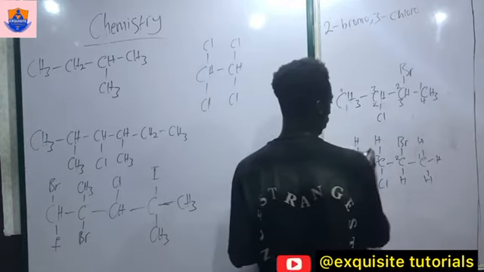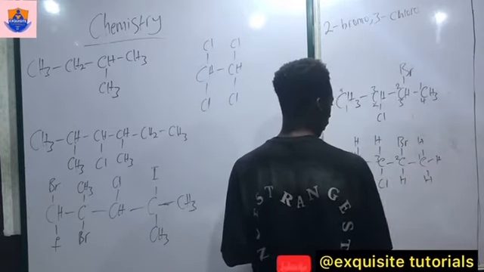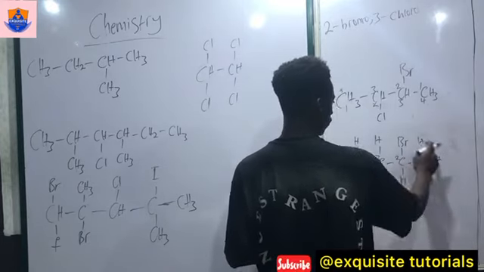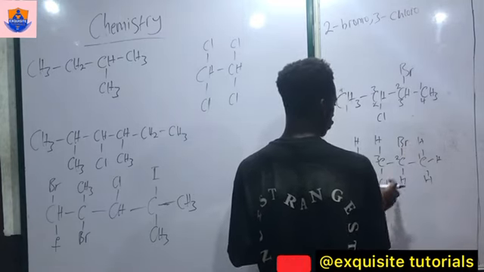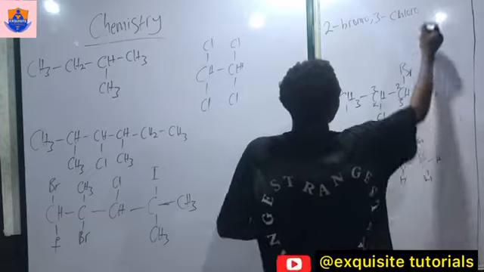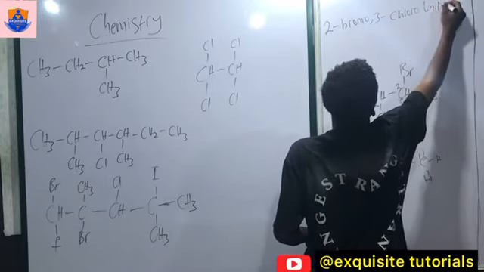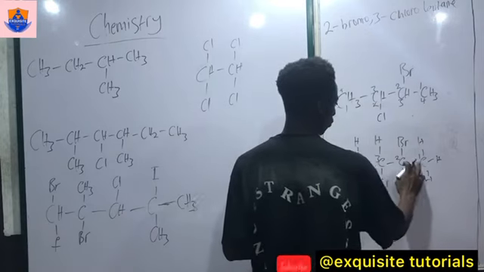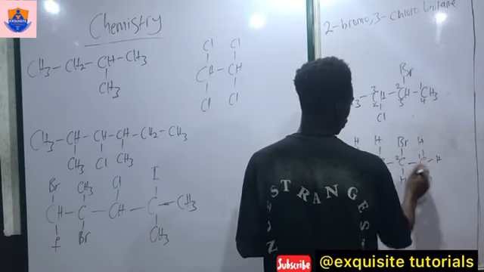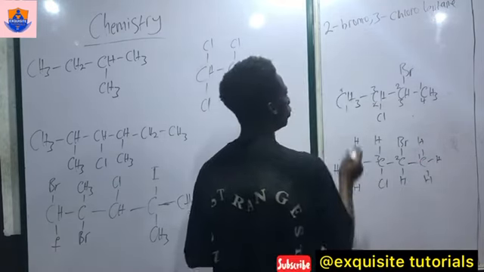Now there's no other functional group. So we have 2-bromo, 3-chloro, butane. It is called butane because we have just single bonds everywhere. So this is a butane molecule.